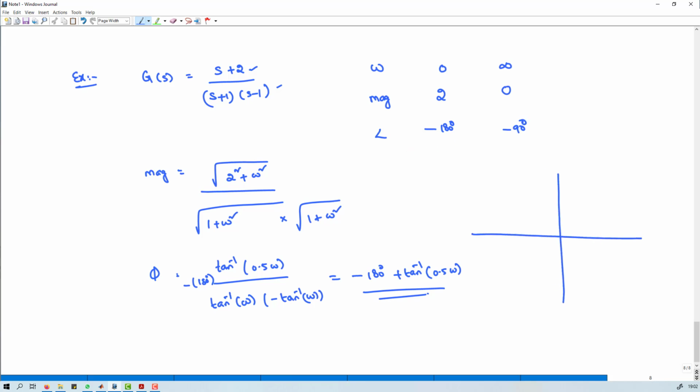As in the earlier process you have followed, we found that at omega equal to 0, magnitude is 2 and angle is minus 180. It is very clear. At omega equal to infinity, magnitude is 0, angle is minus 90. So it starts from minus 180 and goes to minus 90. That is how you can write these equations very clearly.